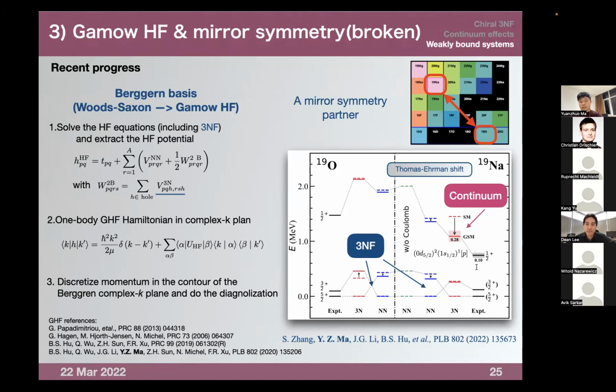That also means the gap between them will be smaller. And more discussion and calculations could be found in this reference.